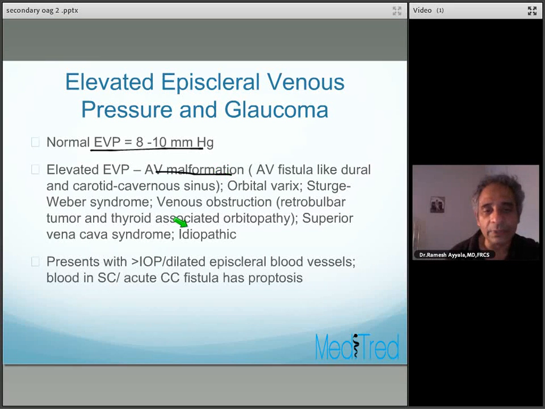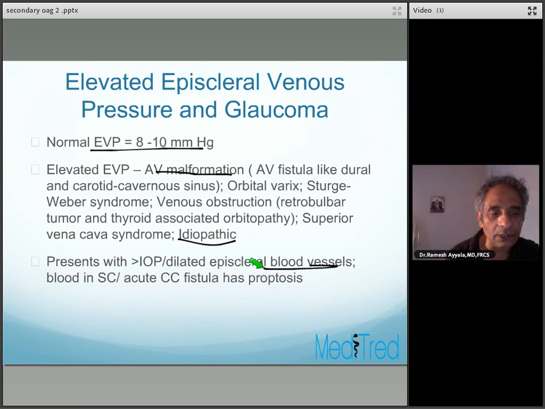All these situations can give rise to elevated episcleral venous pressure, and these patients present with elevated intraocular pressure and dilated episcleral blood vessels that stand out against a white background. This is pretty classic, and a lot of these patients sometimes are mistaken as pink eye patients and treated as such before the actual diagnosis is made.